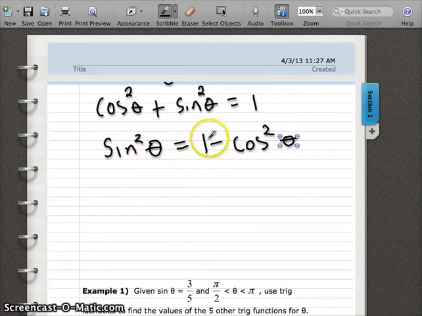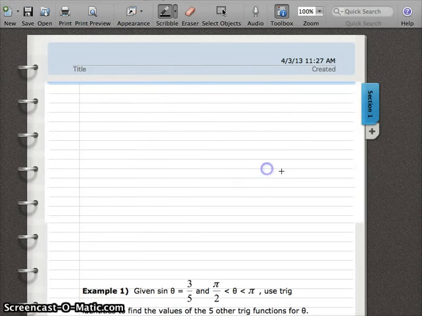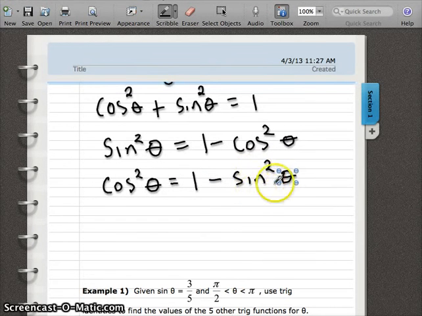So sine squared of an angle is equal to 1 minus cosine squared of an angle. If we do the same thing and solve for cosine squared, we would be subtracting sine squared from both sides. And so we could write it in terms of cosine squared. Cosine squared would be equal to 1 minus sine squared. So there's a different form of our Pythagorean identity.